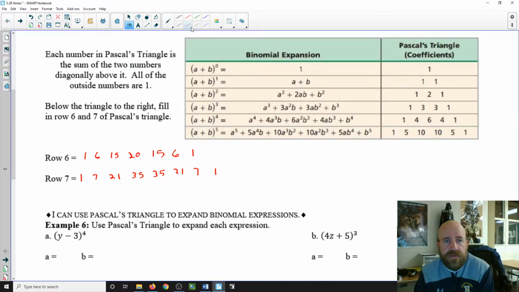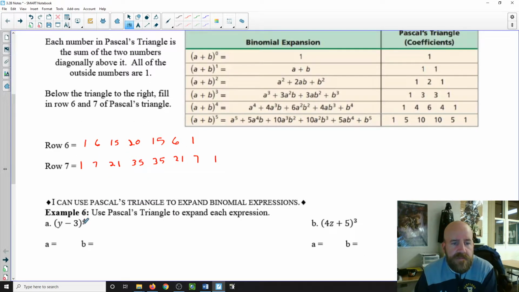What we're doing with these is the power of the binomial is what level we're on. So power of 0, this is the 0 level, we just have 1. Then as we go on, we keep moving down Pascal's triangle. We talked about this in the other video. This is that equation that we had for a plus b quantity cubed.